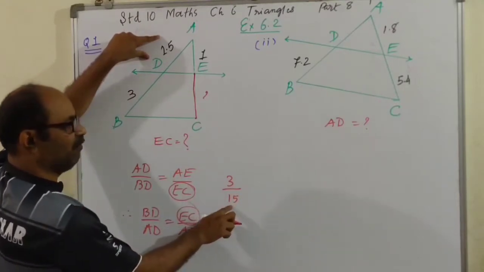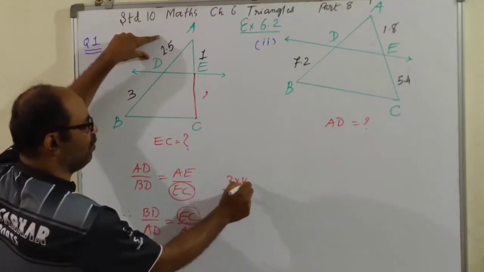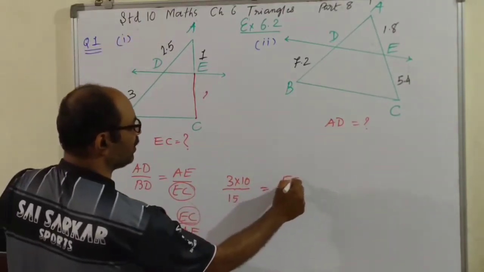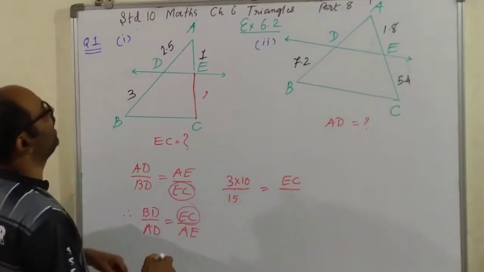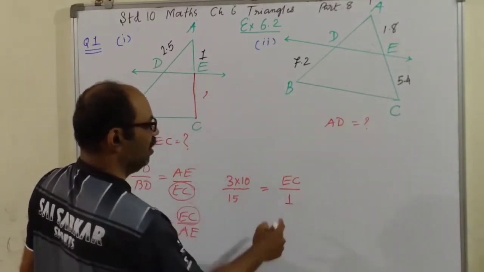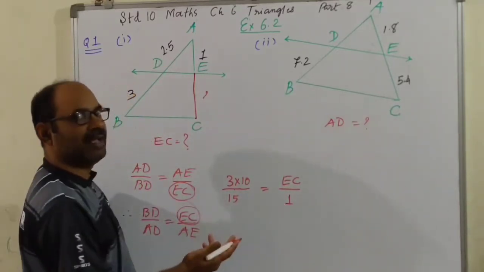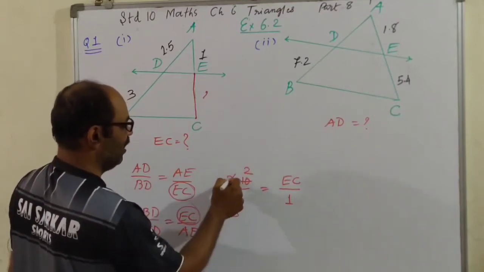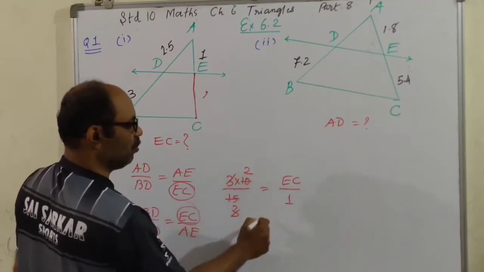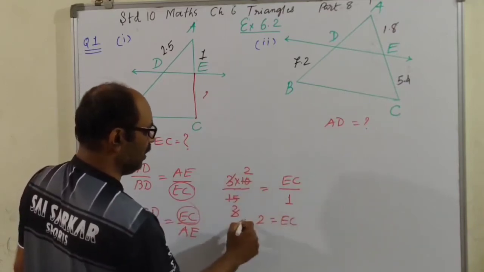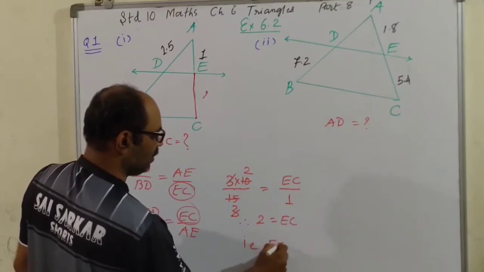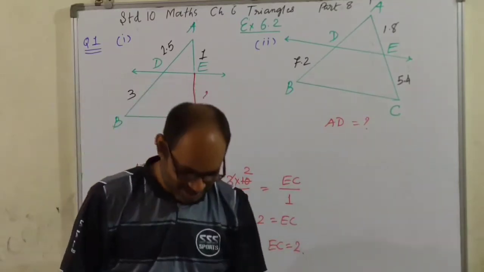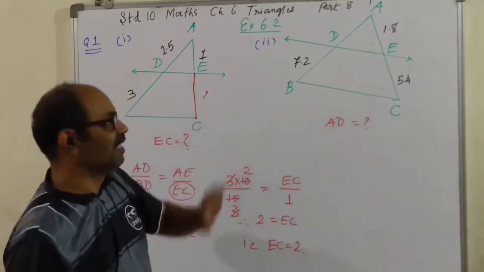If you remove the decimal from down, up you have 10. Is equal to EC upon AE, that is 1. Bring this 1 on the other side, it doesn't make any difference. 5 2s are 10, 5 3s are 15. 3 and 3 cancel. So 2 is equal to EC, i.e. EC is equal to 2. Solved. So simple. Correct?